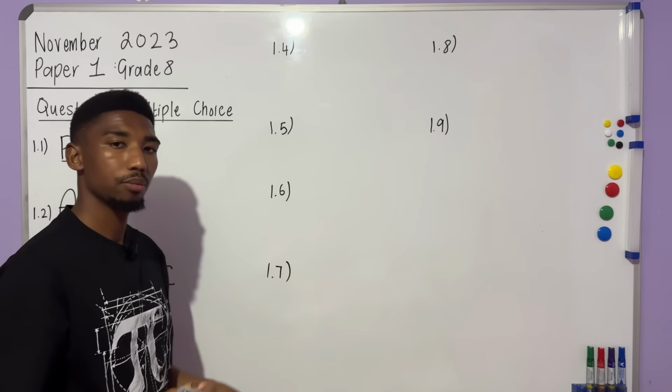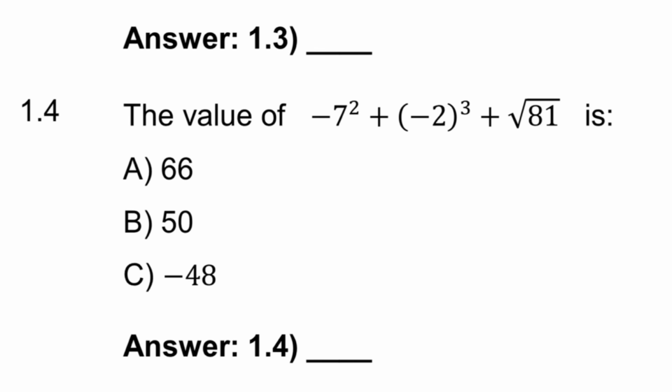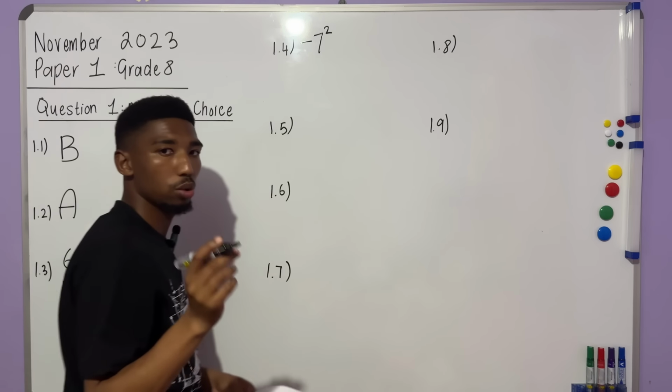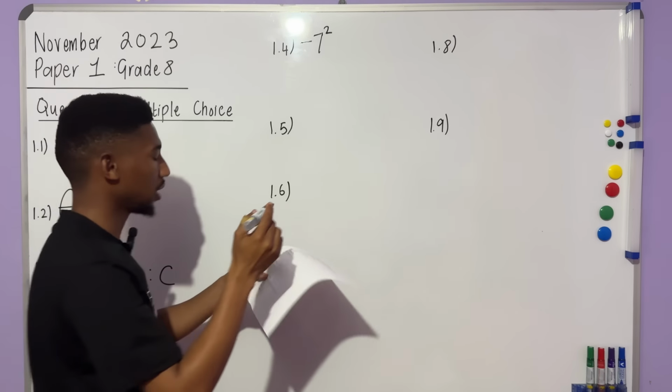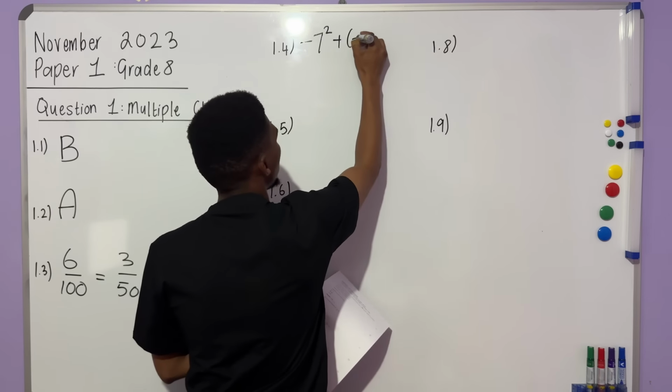1.4. The value of minus 7 squared plus minus 2 cubed plus the square root of 81. Let us quickly do that. Okay, so we have minus 7 squared. Note that the squared is not in brackets, plus minus 2.